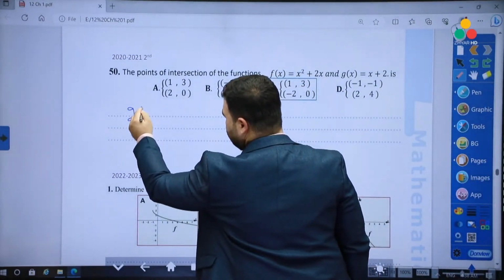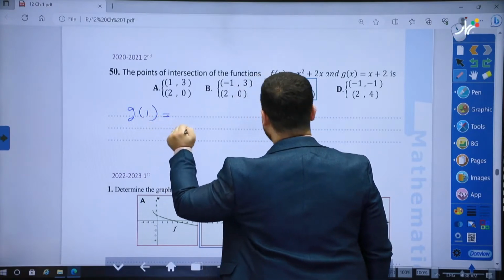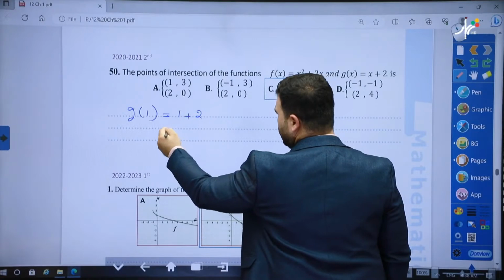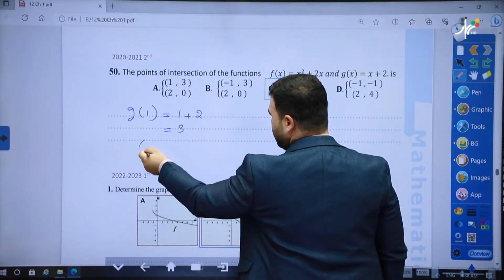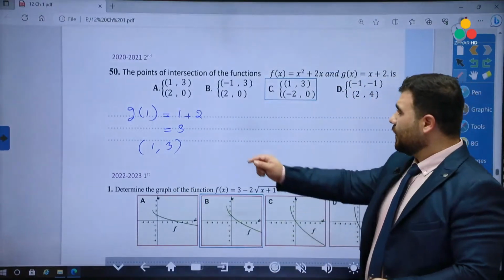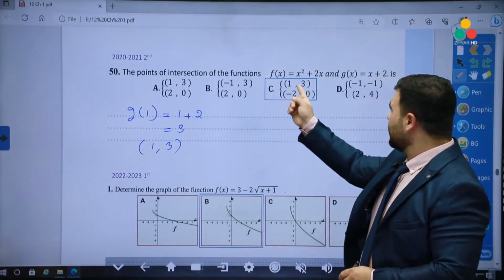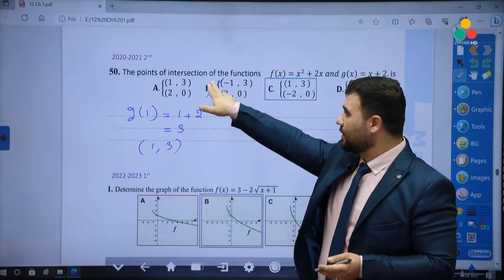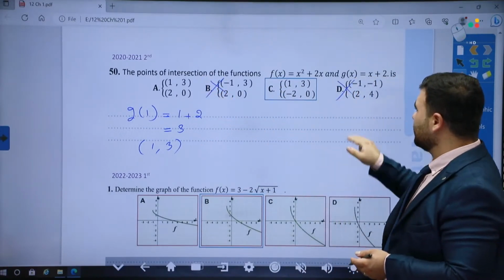Now I'm going to write 1 in place of x in G. G of 1 is equal to 1 plus 2, which is 3. This makes the point 1, 3. Do I have this point? 1, 3 is here. This makes the answer easy. B is out, D is out.